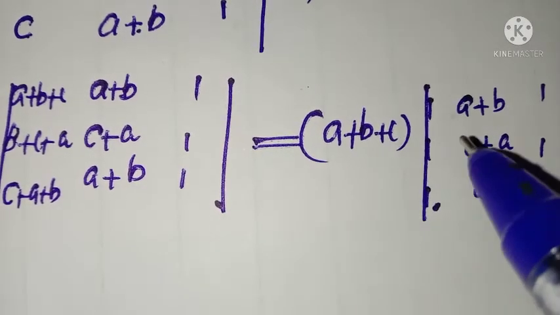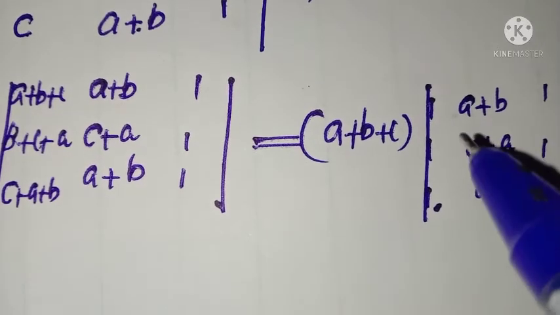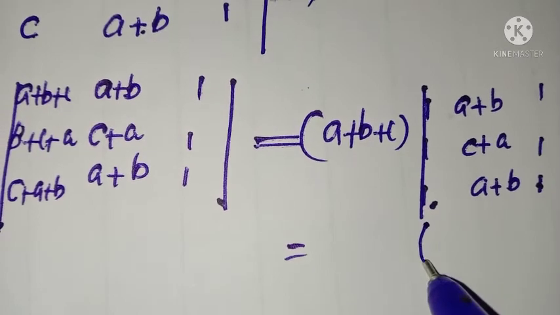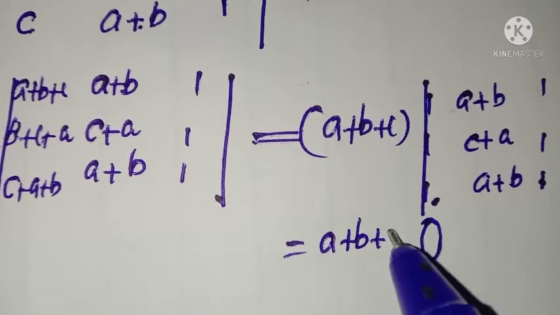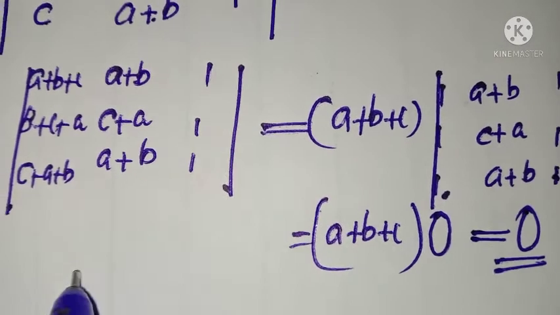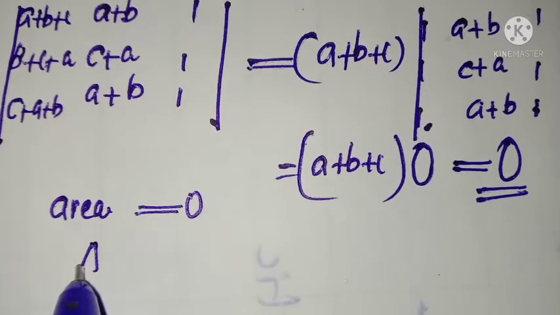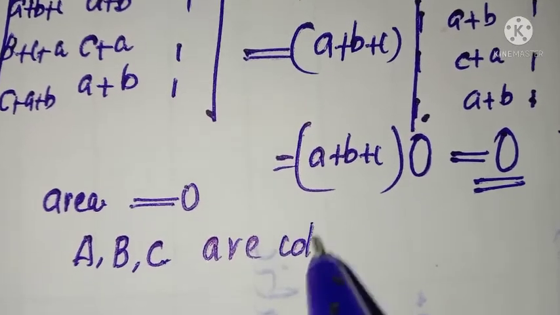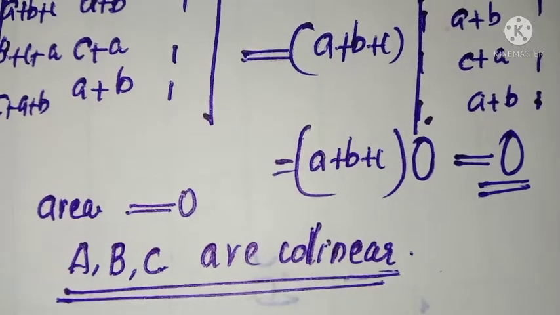By property number 3, if any two rows or two columns are identical, then the determinant value is equal to 0. So this is equal to a plus b plus c into 0, which gives 0. Therefore, the area of the triangle is equal to 0, which means the given three points A, B, C are collinear. Collinear means all the points lie on a line.